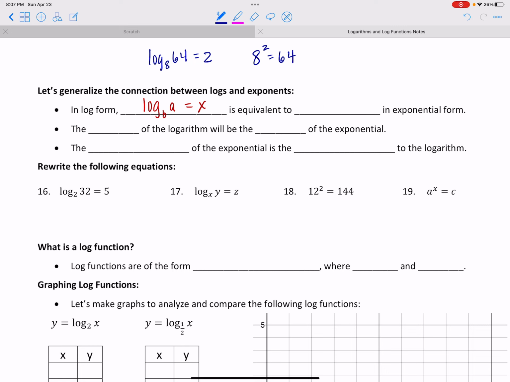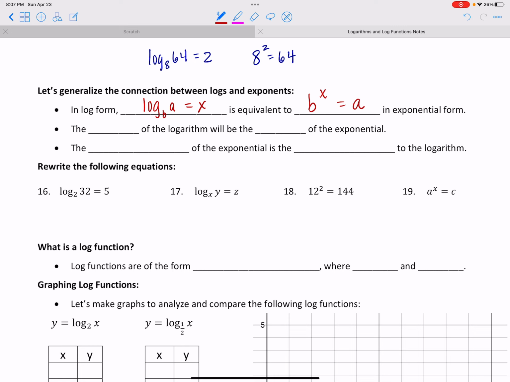Well, I can take any general log form and rewrite it in an exponential form using that same connection. So even though b and a and x are just generic values, I can say that if the log base b of a is equal to x, then b to the x power is equal to a. So I can rewrite an equation in log form into an equivalent exponential form and vice versa.